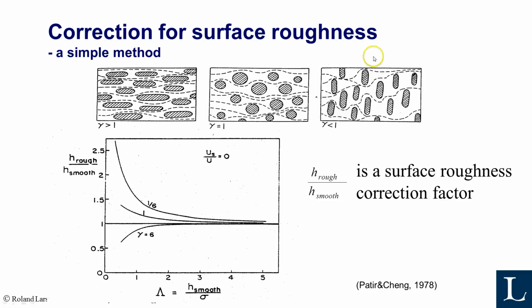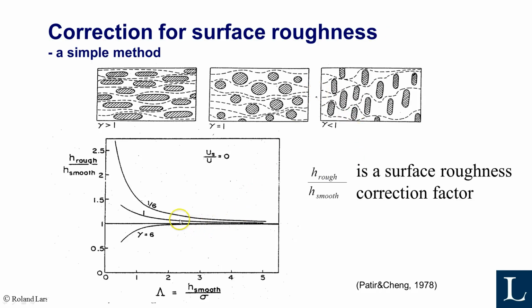In between you have isotropic roughness. In this case, this parameter gamma is bigger than 1, in this case it's smaller than 1, and for the isotropic it is 1. And they claim that if your direction of motion is across or transversal to the roughness like this, you can actually see beneficial effects. Or put like this, it is much better to move in this direction than in this direction.